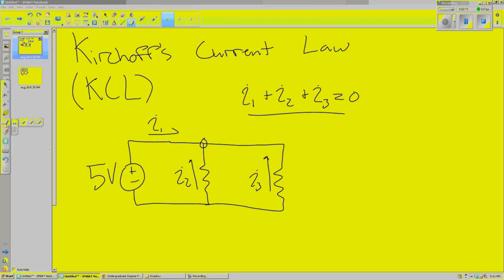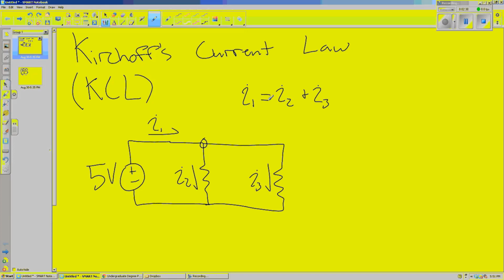Another way that we can look at this is if we switch the direction of these two currents, and change our equation here, get rid of our equal sign, and put it here. The current in, I1, must equal the current out, I2 and I3.